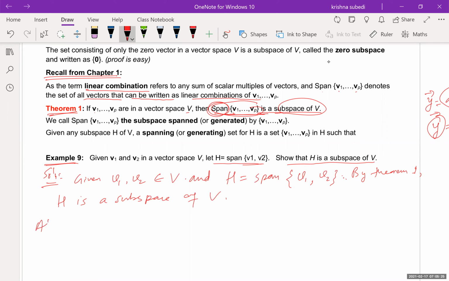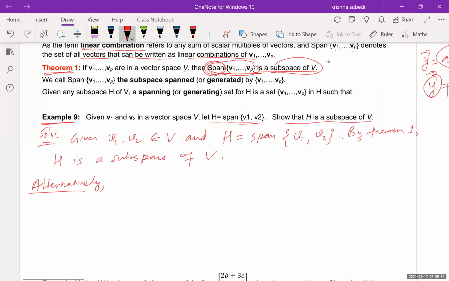Alternatively, you can show that H satisfies 3 conditions. And what are those 3 conditions?